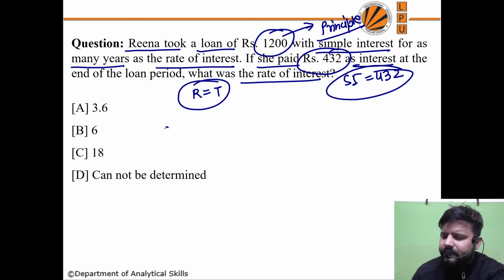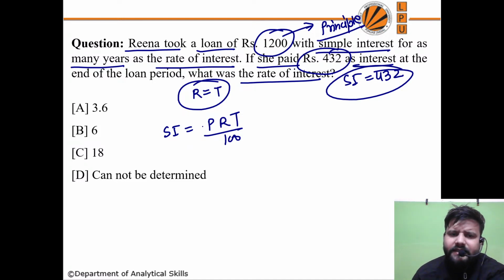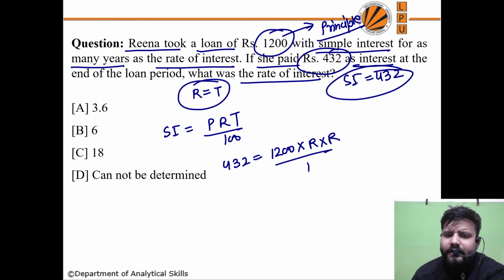So just put it into the formula of SI. SI is equal to PRT by 100. SI is given to you as 432. P is 1200. And in place of T, we can substitute R, so I can write it like R into R divided by 100.